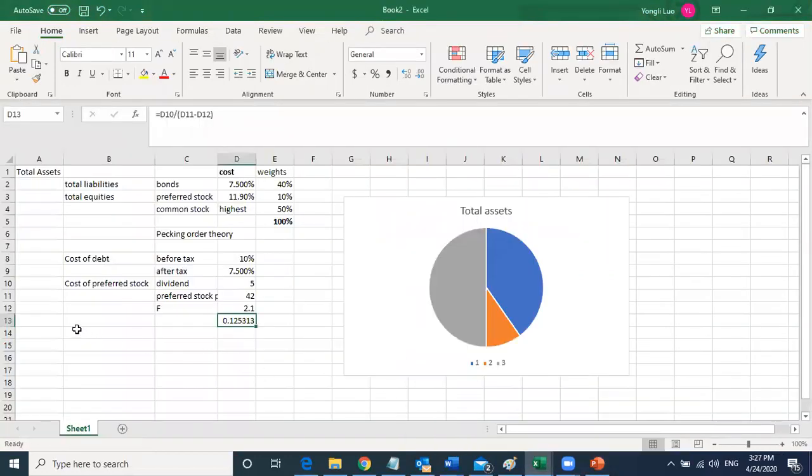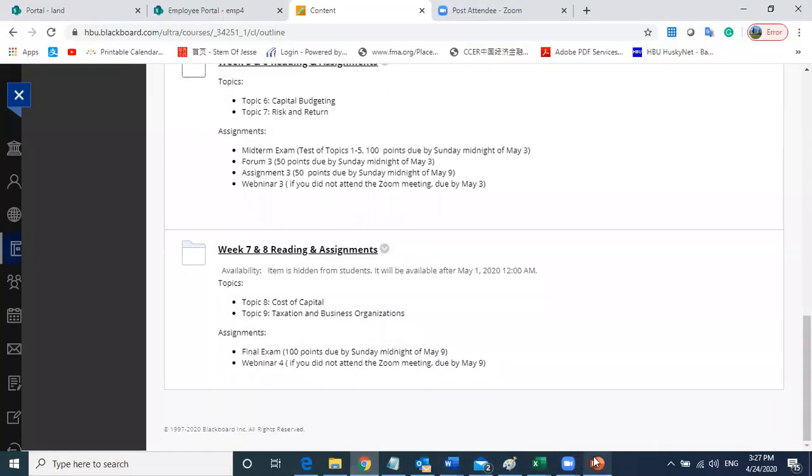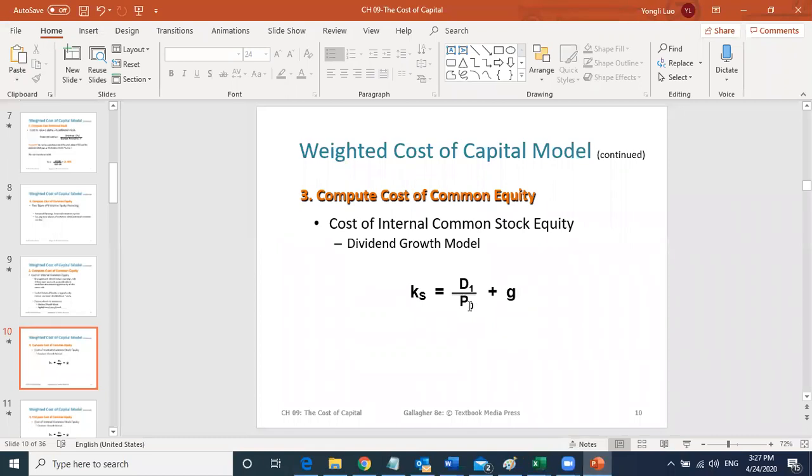So for the cost of common equity, common stock, we can use the dividend growth model. You can see we have several things: D1, P0, plus G%.